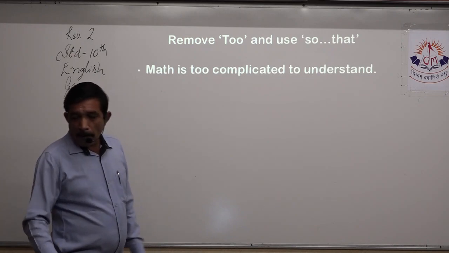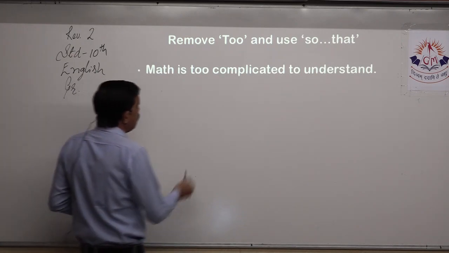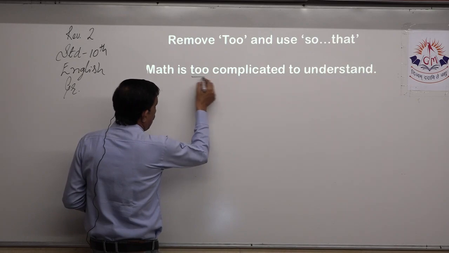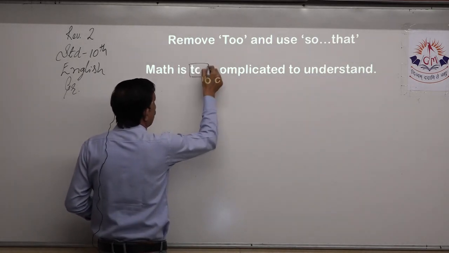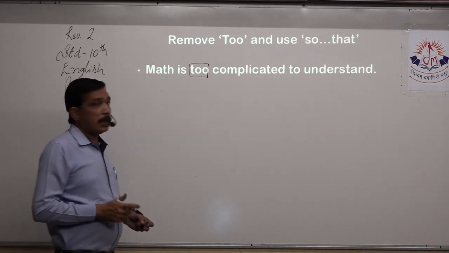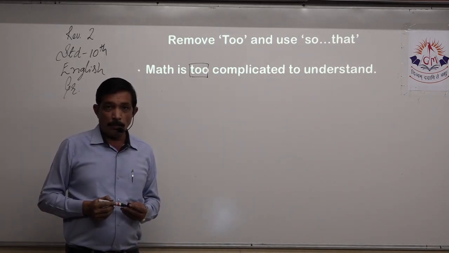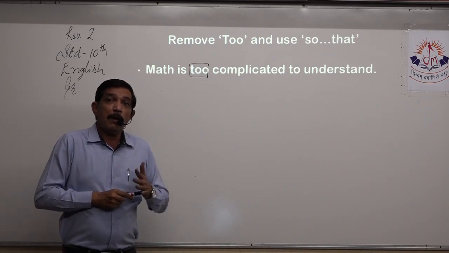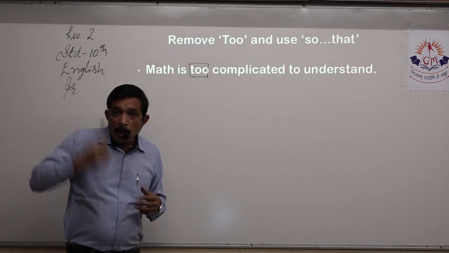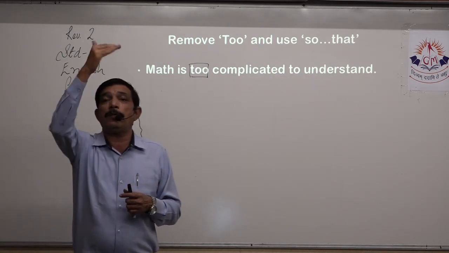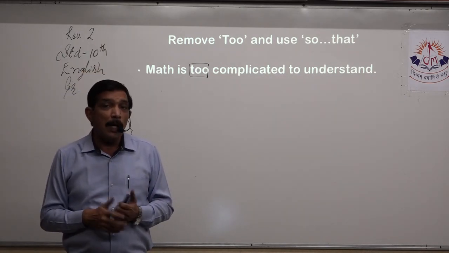Now, math is too complicated to understand. We have to remove to. Now what happens if we remove to completely? Math is complicated to understand. A very simple version. Math is too complicated to understand allows us to see the degree of difficulty that we face in understanding math.